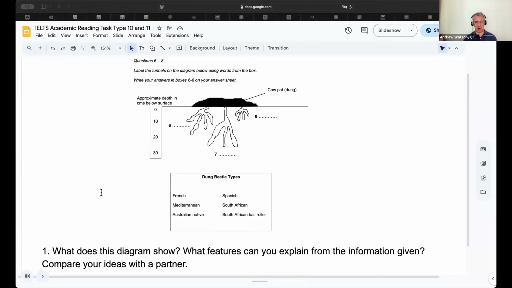Roots do go underground and they have that same sort of shape, don't they? But it's not a solid thing. Did you say tunnels? Yeah, they're tunnels. And who makes the tunnels? Worms? Beetles? It could be worms, or yes, it could be beetles, couldn't it? Yeah, the escarabajos, right? Beetles. Yeah.